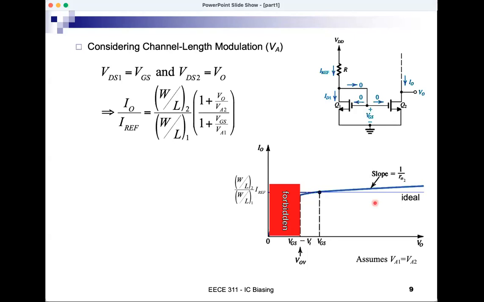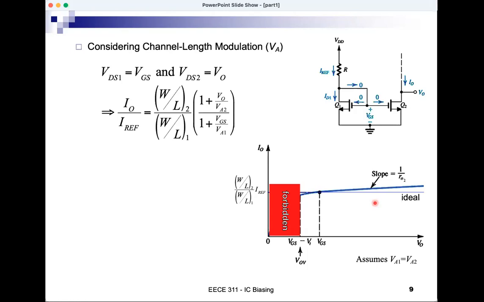The slope of the ideal line will be zero, while the slope of the real line is not zero. And we can show it's 1 over small r_o2. So the effect of VA is to make the slope of the line non-zero. If the current source is ideal, the slope should be zero. I should get the horizontal line, but I don't get that.